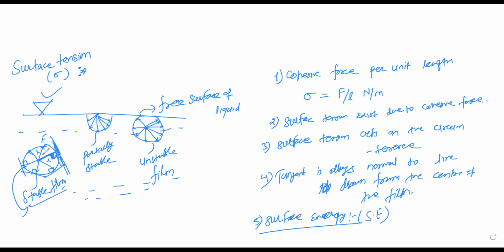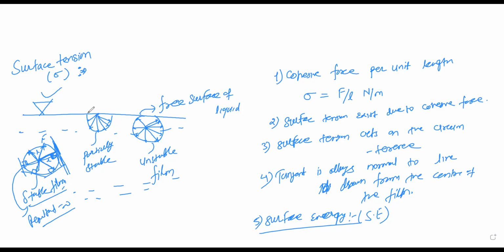Why? Because equal force is acting in equal directions at equal length. So the resultant of these forces will be zero. It means the film will be stable.